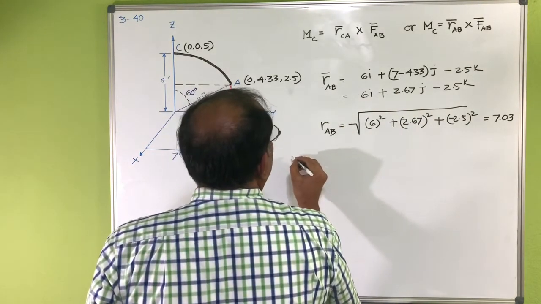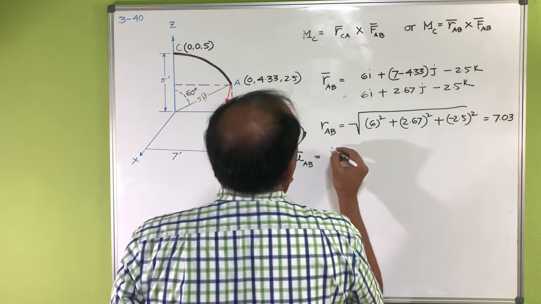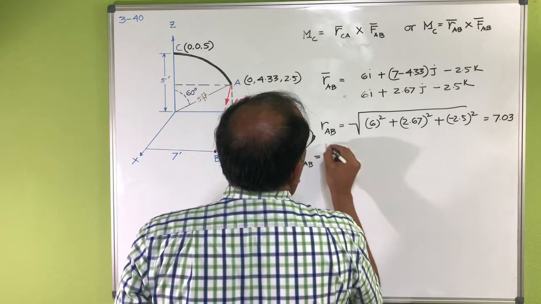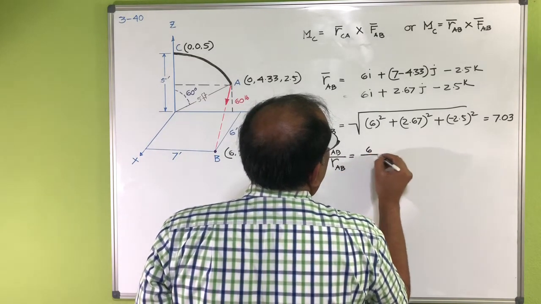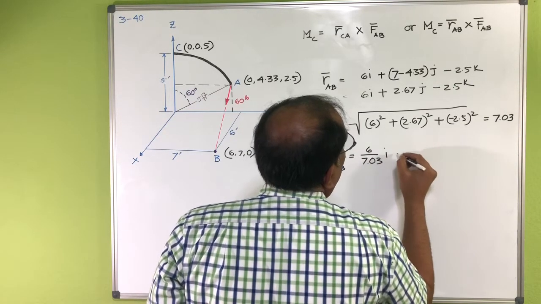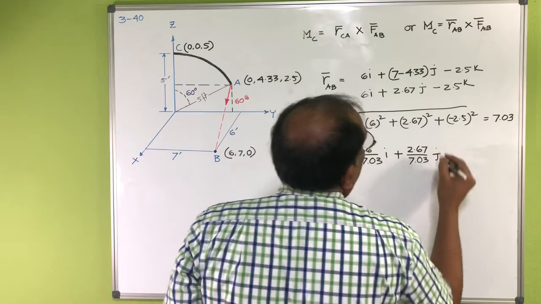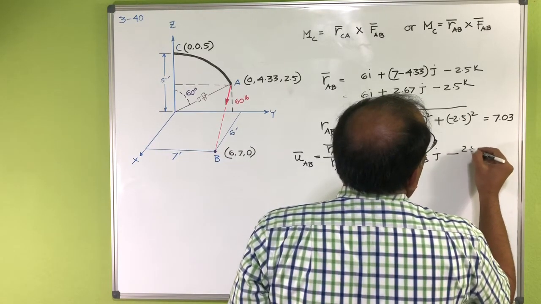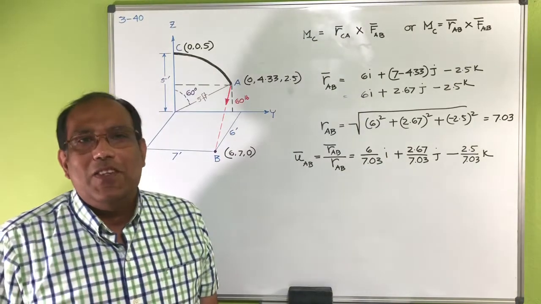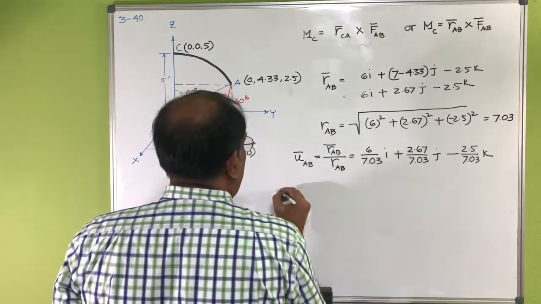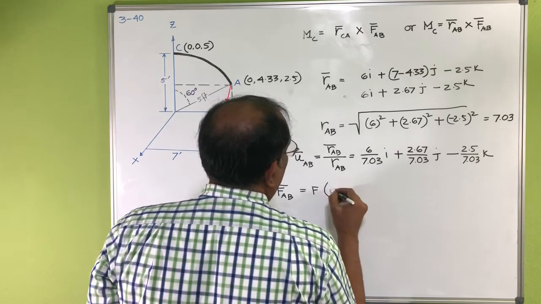So the force vector, or let's say the unit vector AB, is basically RAB divided by the magnitude of the vector, which is 6 by 7.03 I plus 2.67 divided by 7.03 J minus 2.5 divided by 7.03 K. Okay, so the force vector AB would be F into UAB.